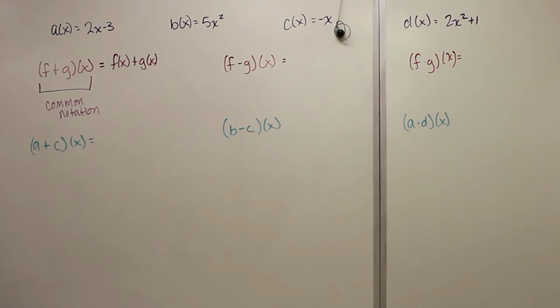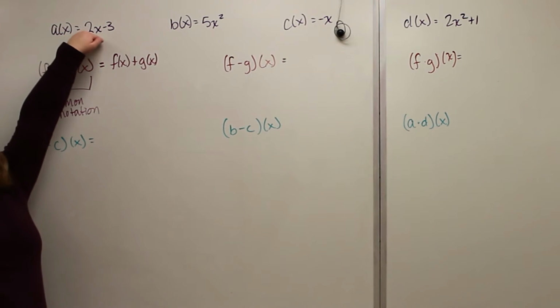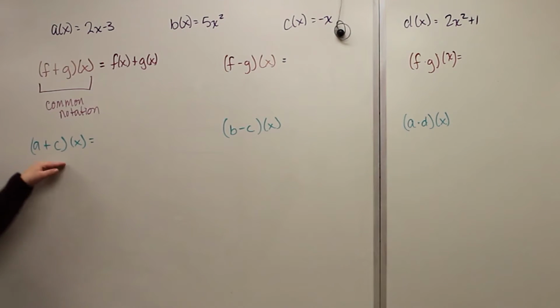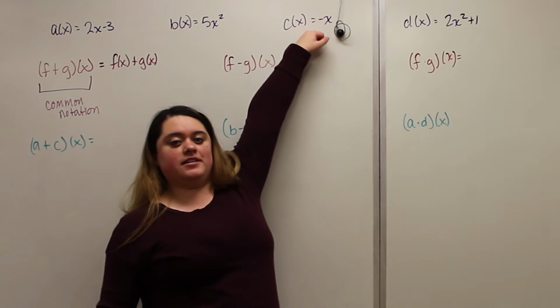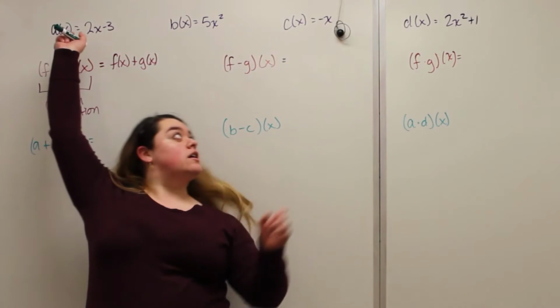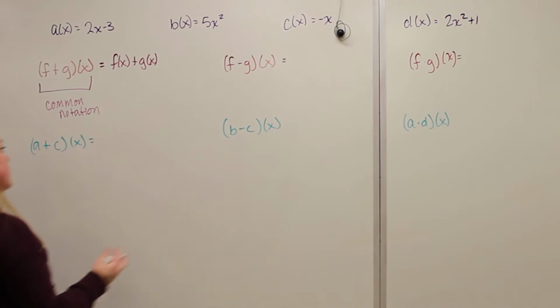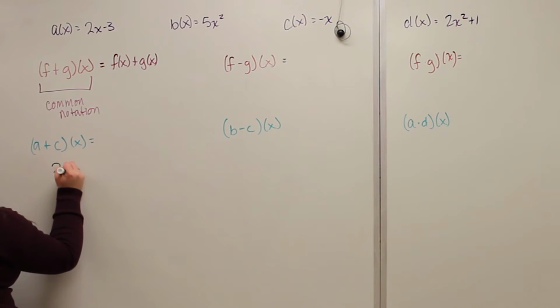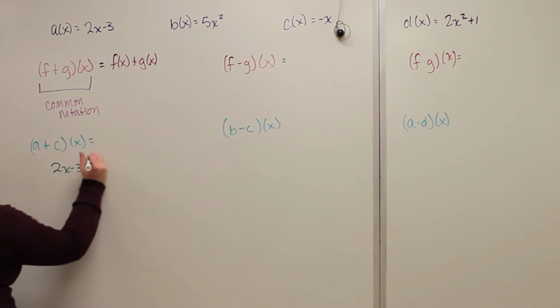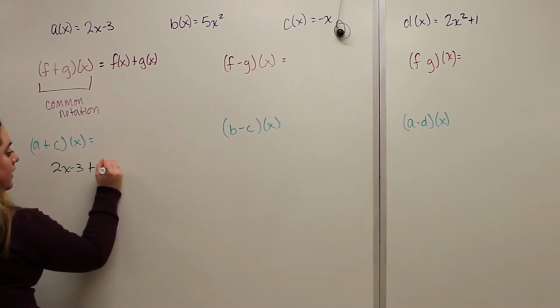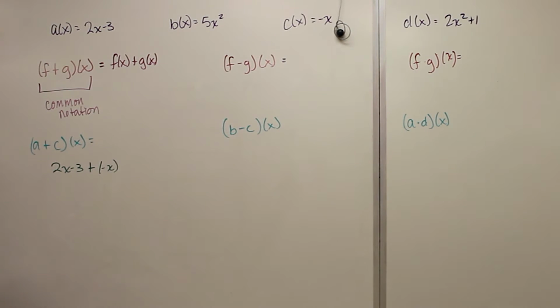Well, a(x) is 2x minus 3, and c(x) is negative x. So I'm going to take these two functions and add them together. I end up with 2x minus 3 plus negative x.